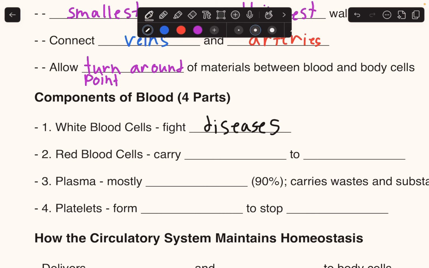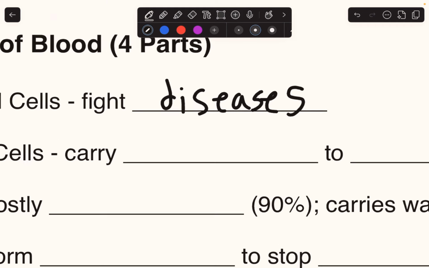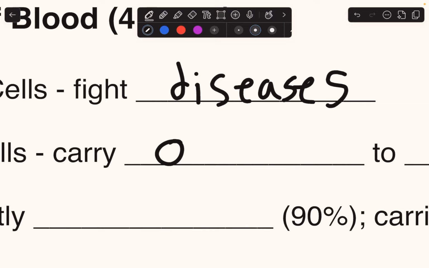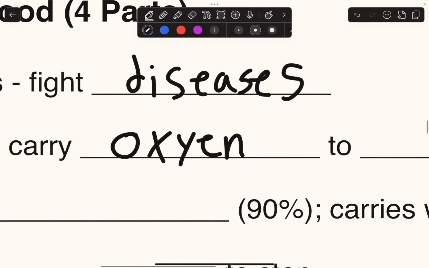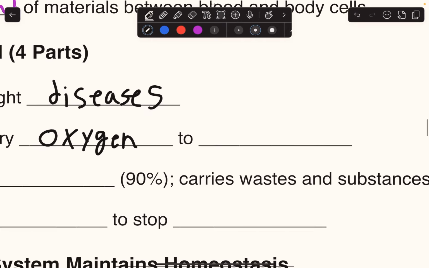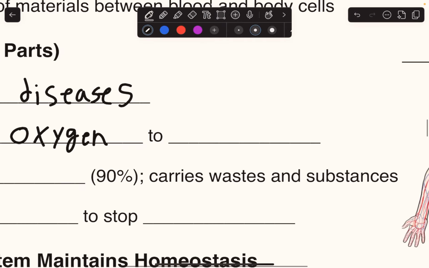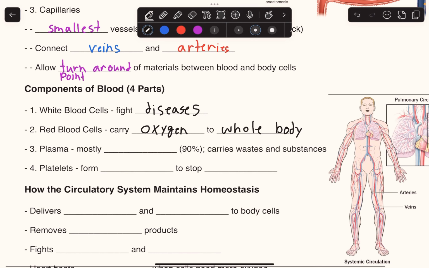Now the most popular one are RBCs. These are red blood cells. They carry oxygen-rich blood to the whole body.